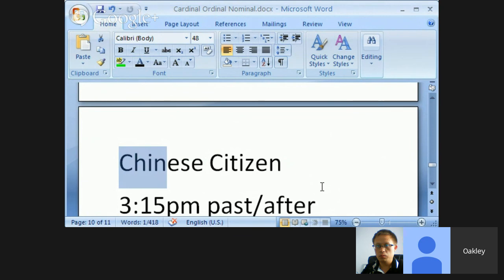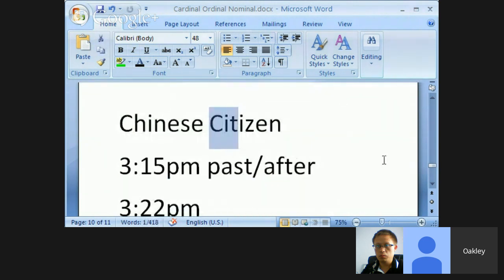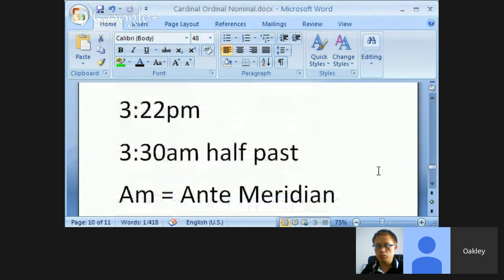Normal stress: if we just say the word Chinese, we're going to stress the second syllable. However, in this case, we have to say Chinese citizen. He is Chinese. He's a Chinese citizen. The same idea.